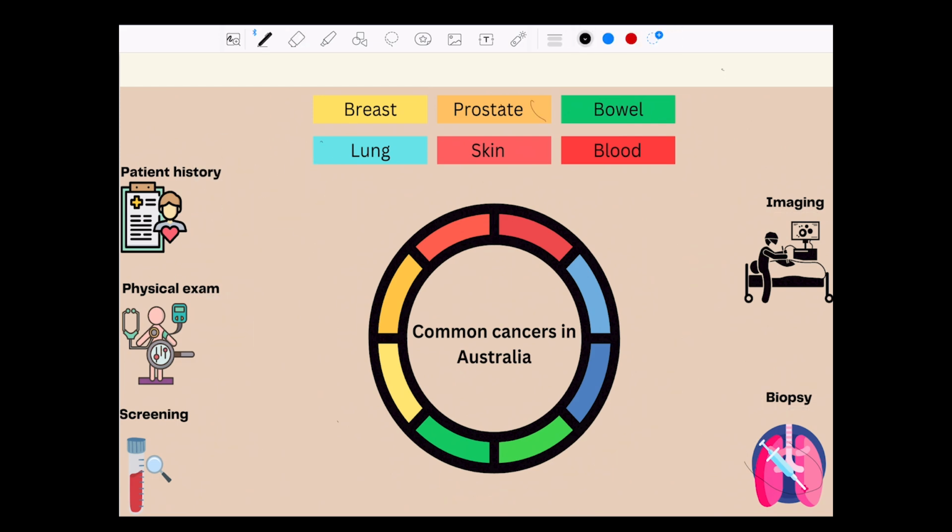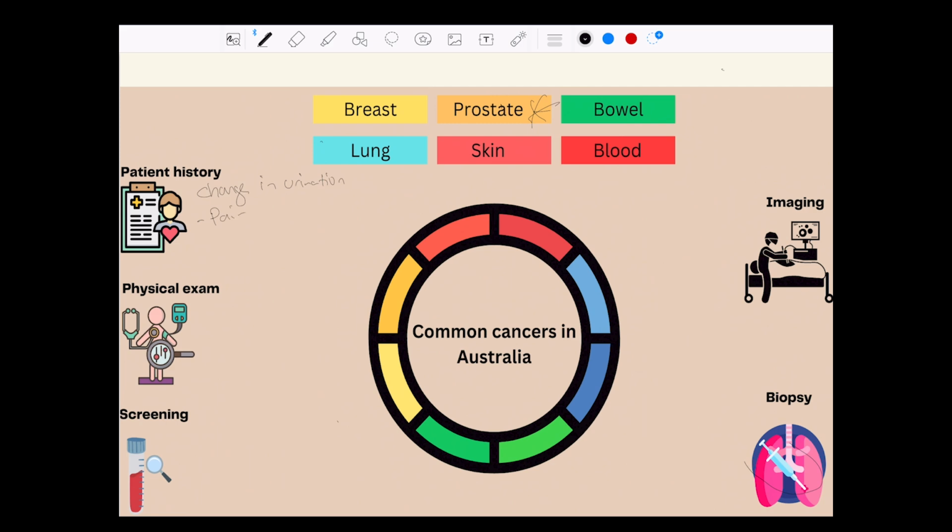Now move into prostate. Prostate cancer, let's look at the patient history. So there are changes in urination. These would be harder to initiate urination, a weaker flow, lots of urination at night, so that's nocturia, blood in the urination or blood within the semen, but also pain.